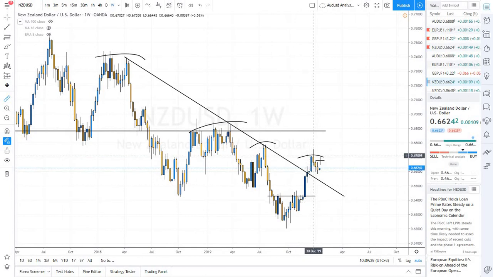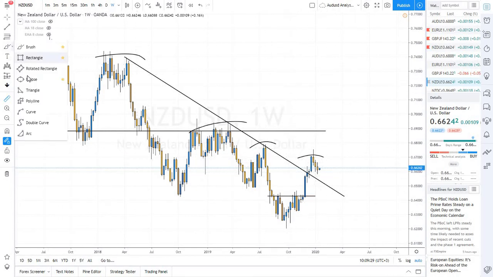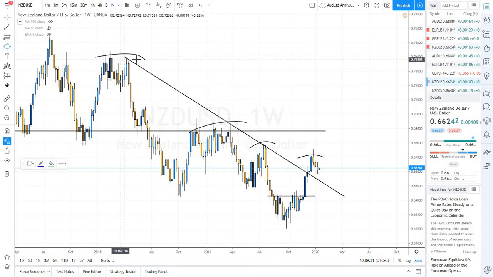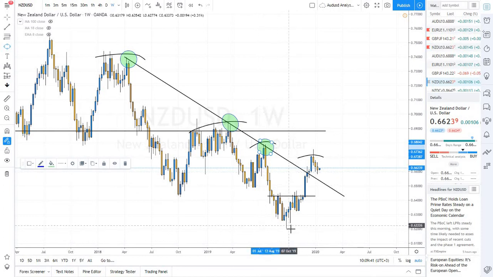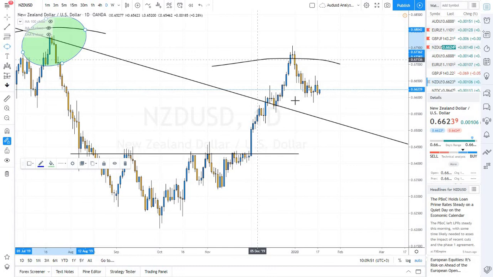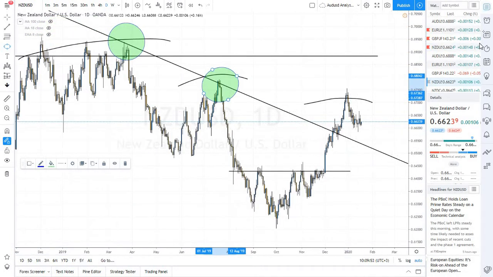The market actually broke above the trend line. And this was expected because this is the first touch, this is the second touch, this is the third touch. After the third touch, the market respects it fully and drops this much. Then on the fourth touch, we usually expect that break of the trend line. That's what actually happened. So based off the daily time frame, we are in a buy zone.